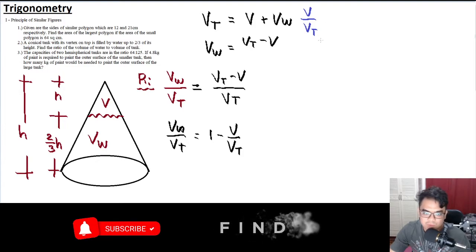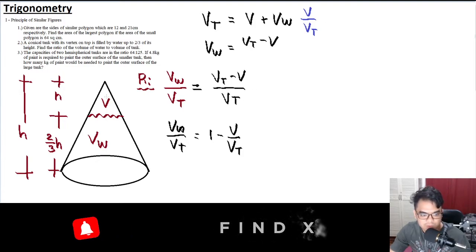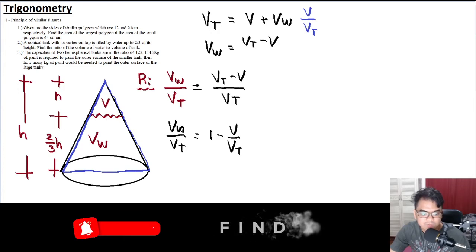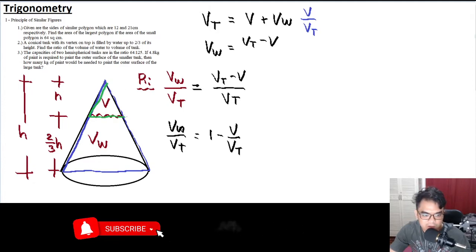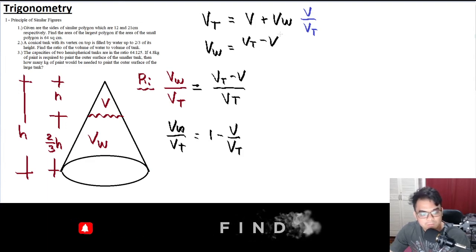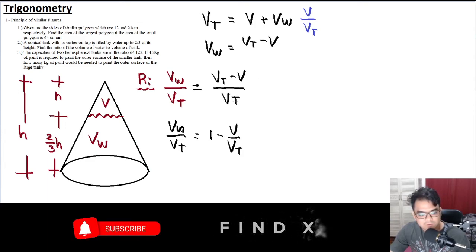If we use the similar triangles, look at this triangle, and then this triangle. We get a big triangle and then this small triangle. So that will become volume to height.